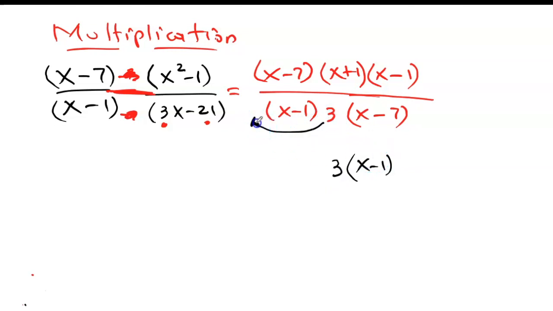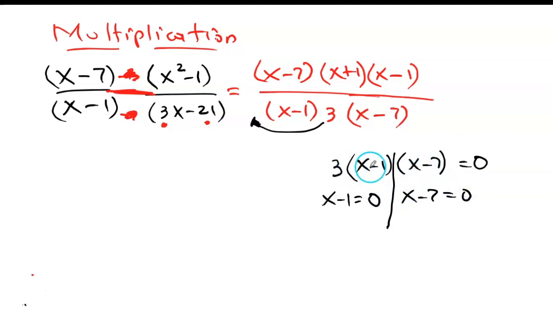Doesn't matter because they're multiplied. x minus 7, and I make all that equal to 0. When I have a number, it does not matter. 3 equal to 0 doesn't make sense. So when I'm making equal to 0, it is my factors. x minus 1, the ones that have a variable next to it. x minus 7. These are my factors.